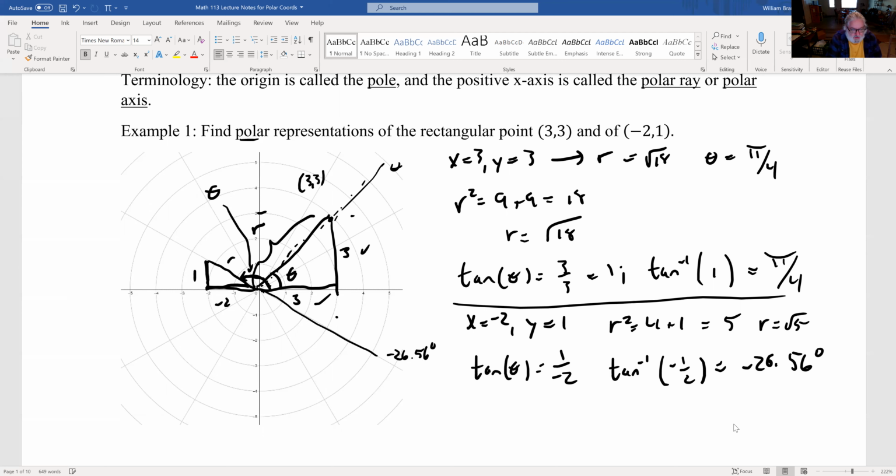And we want the angle that's up in the upper left. So we add 180 to that. So the theta that we want is actually 153.44. This is an angle whose tangent is minus 1/2, but is actually in the second quadrant, which is where our point -2, 1 is. So you can find the polar representations just by finding r and theta, because you know the opposite and adjacent.